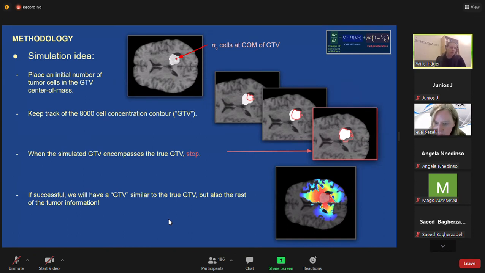I guess in some sense it would be even more complicated to do that in a more complicated manner. But we did this, and we also checked what happens if we change this center of mass, or we change the actual starting seed location. And it does indeed change the actual tumor distribution.